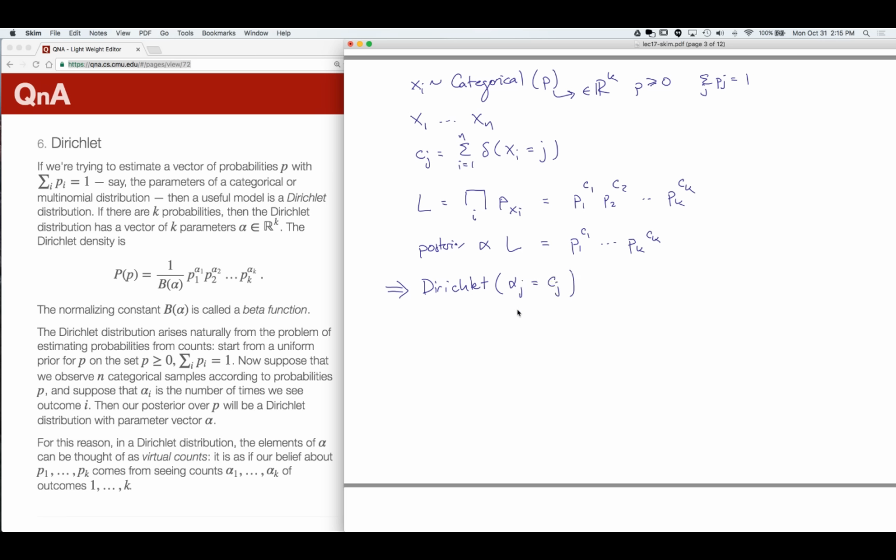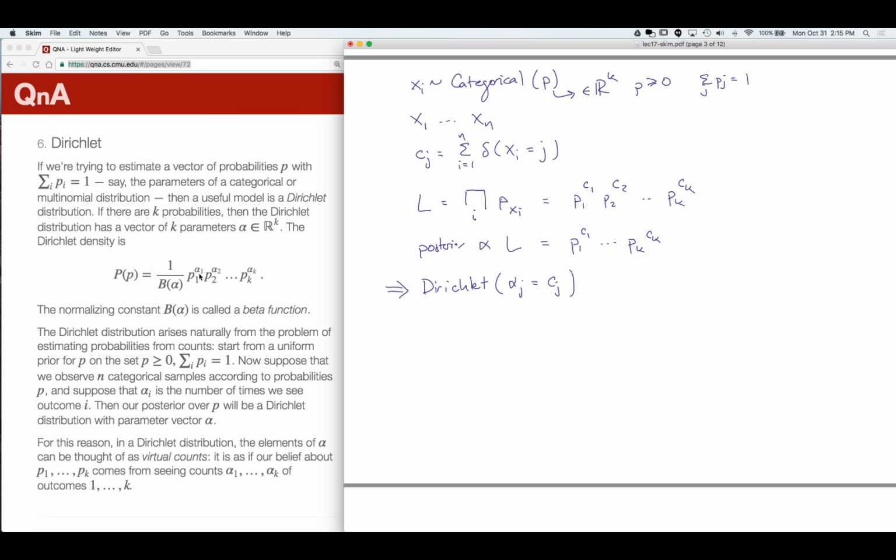So each one of the alphas is going to be one of the counts, right? And the reason we know that the posterior is Dirichlet is because every term that involves the p's matches the form with the likelihood here. And therefore, the only possible normalizing constant is going to be this one, right? We know that this succeeds in normalizing it to be a probability density, and there's only going to be one, and so it must be that one. Okay?